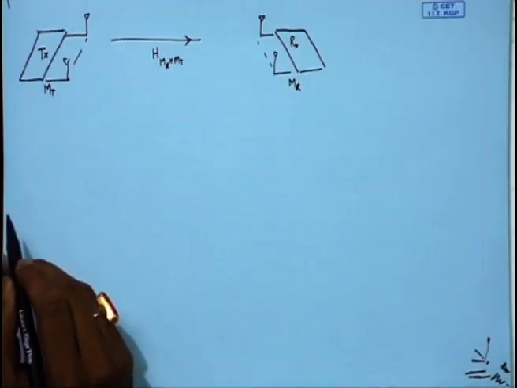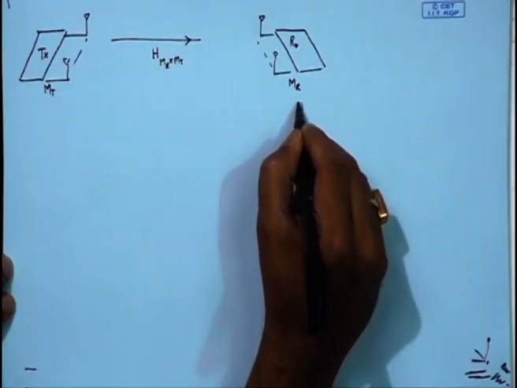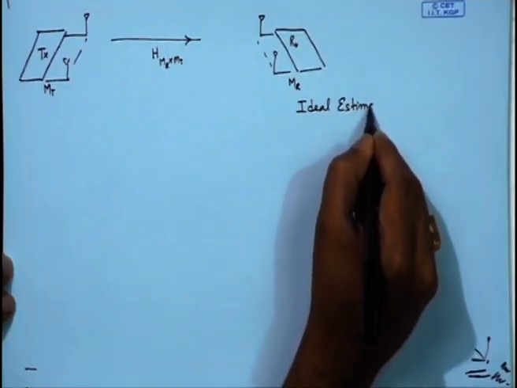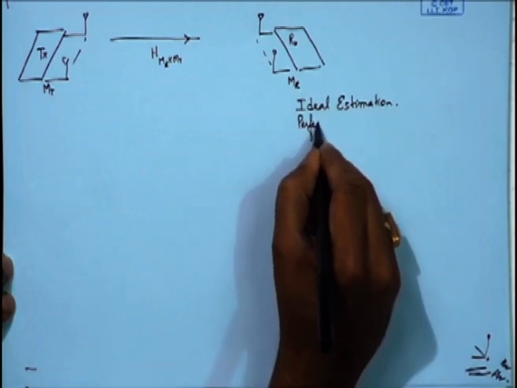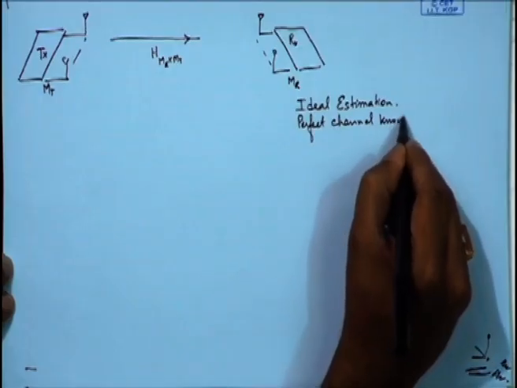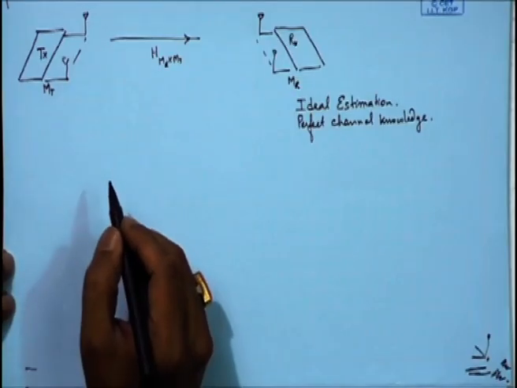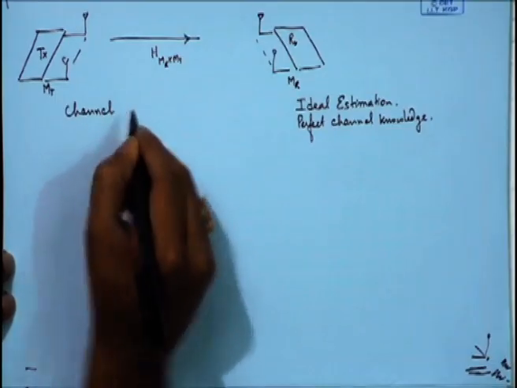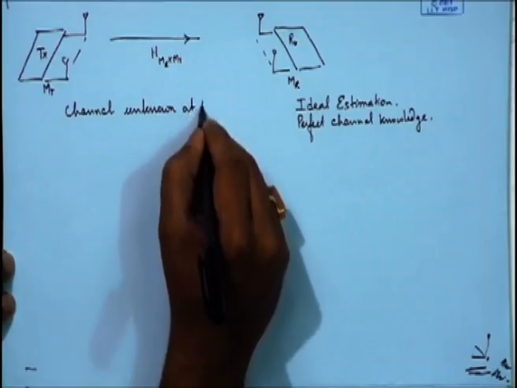And as it was said in the previous lecture, the channel H will be assumed to be ideally estimated, that is, perfect channel knowledge. So this is one of the first situations, and this is usually analyzed under the case known as channel unknown at the transmitter.